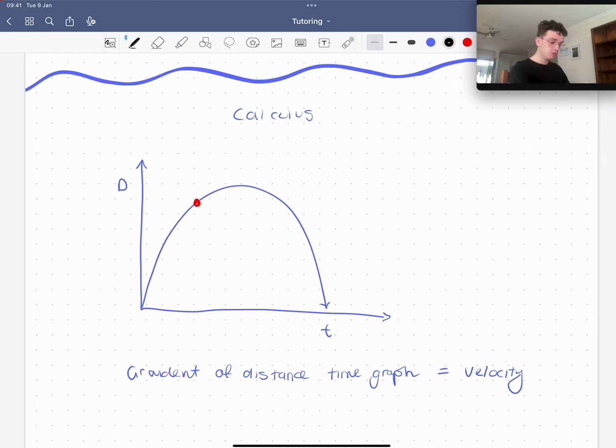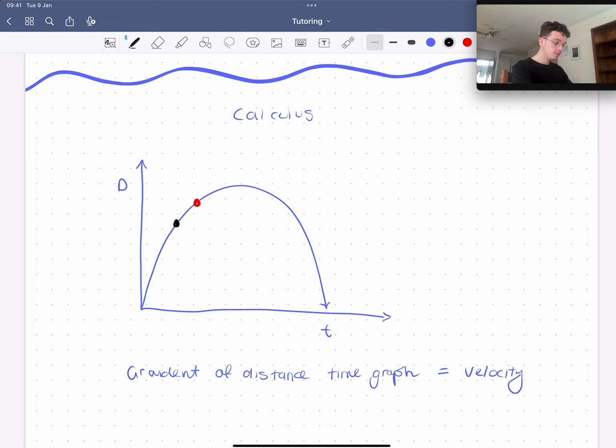So what we could do is instead choose two closer points and calculate the gradient of that line. Well, we're going to get the gradient or the velocity at the in-between, or the average speed in between these 2 points. But we're not necessarily going to get accurately the speed at exactly this point.